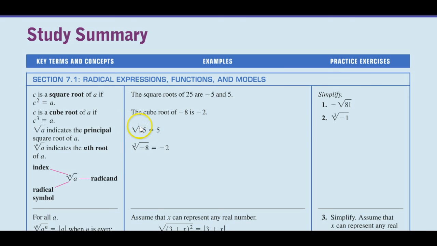Generally speaking, if it's an even index number, then you cannot have a negative under here and have it be a real number. If it's an odd index number, having a negative under the radical is okay.